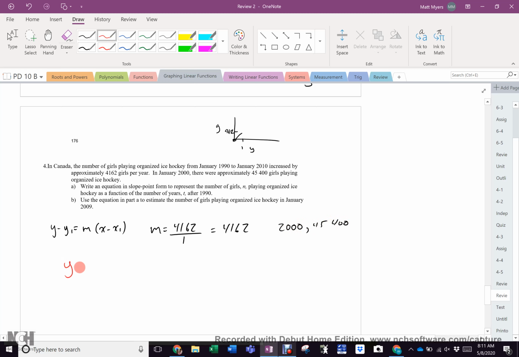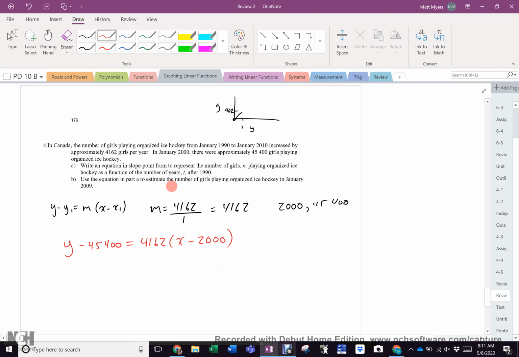So y minus 45,400 equals 4,162 times (x minus 2,000). There's my equation. Now, you could also have done x minus 10 because of what we did in 2000 and 1990. Then you just plug into the equation.